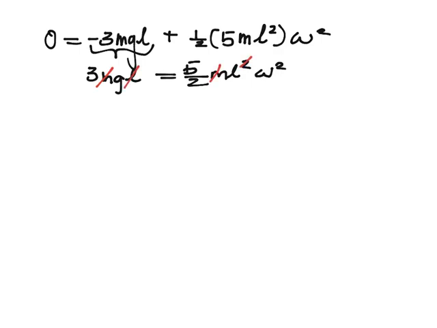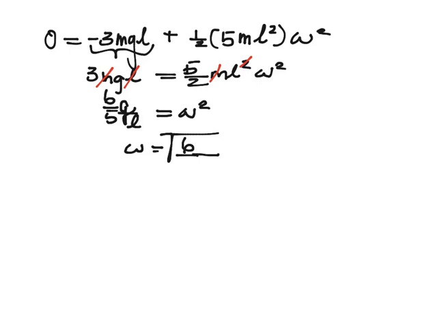And I have 6/5 g over L is equal to omega squared, or omega is equal to the square root of 6g over 5L.